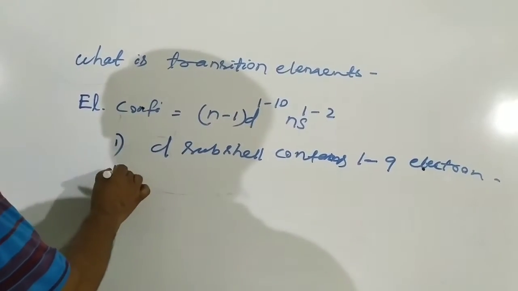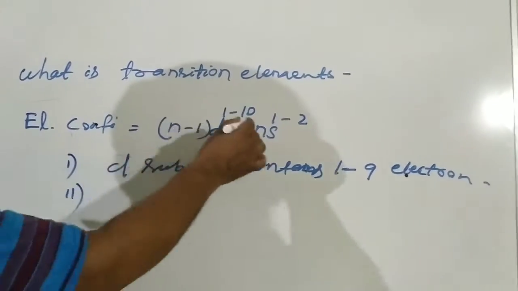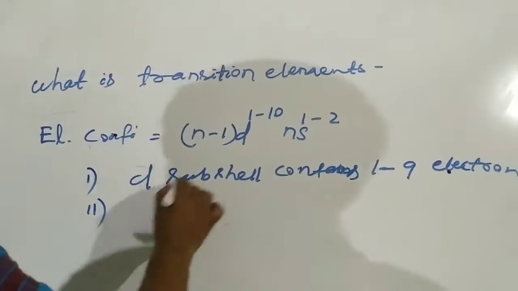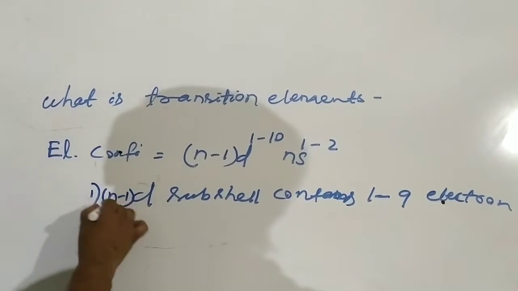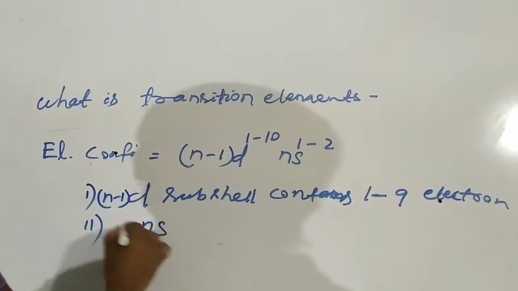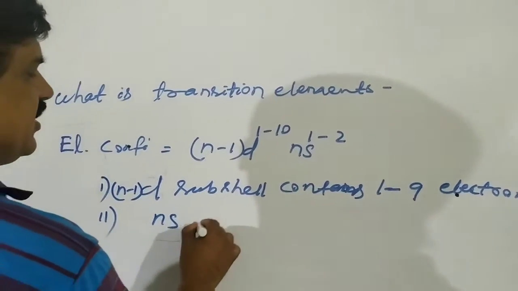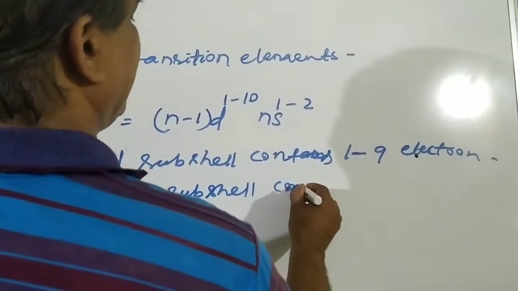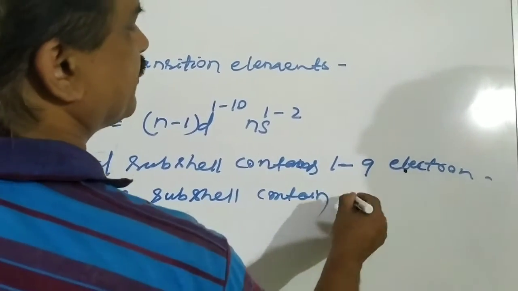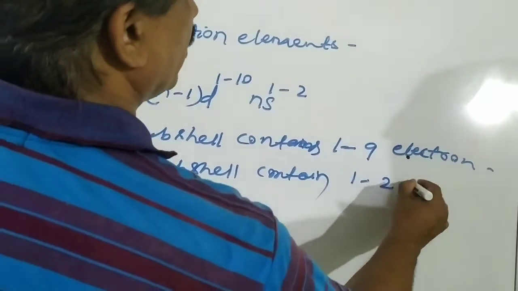And its valence shell, that is the ns subshell, contains 1 to 2 electrons.